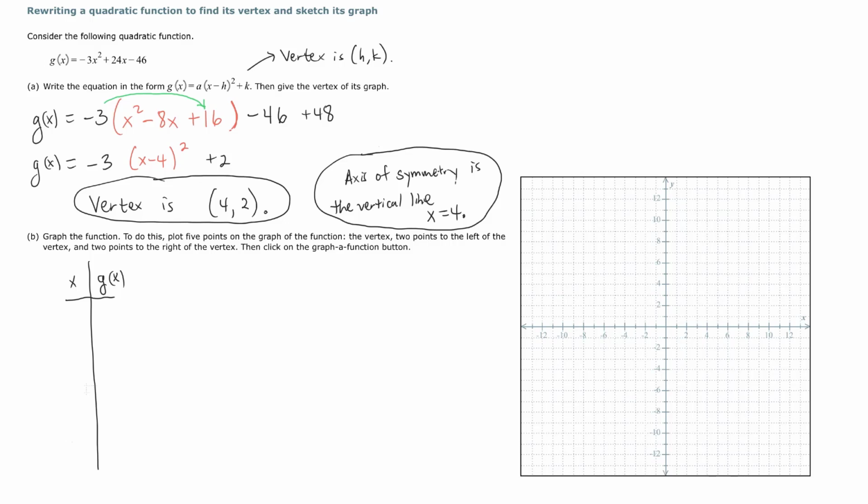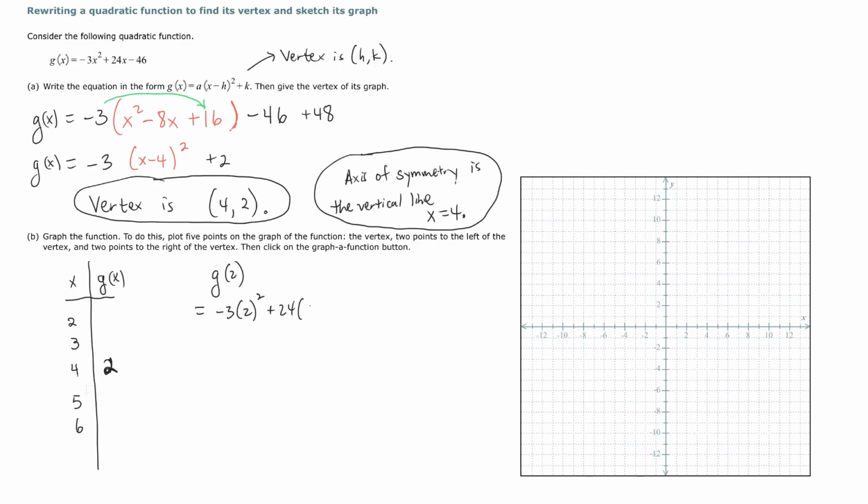And we have one of the ordered pairs, 4, 2. So what's 2 units left of 4? Well, we could try 2 and 3. And then we could try 5 and 6. So let's find g of 2. G of 2 is the expression -3 times 2 squared plus 24.